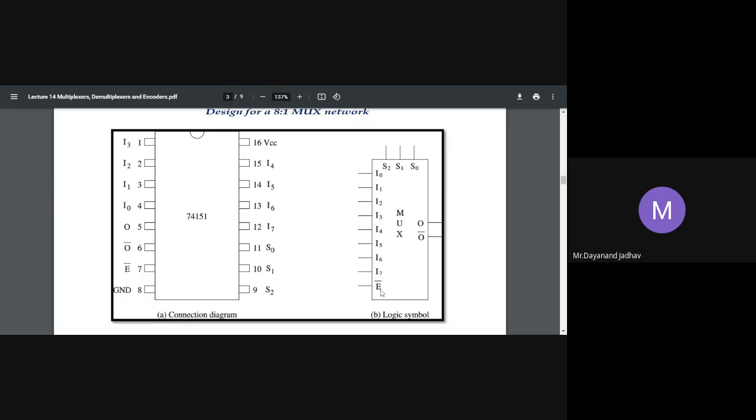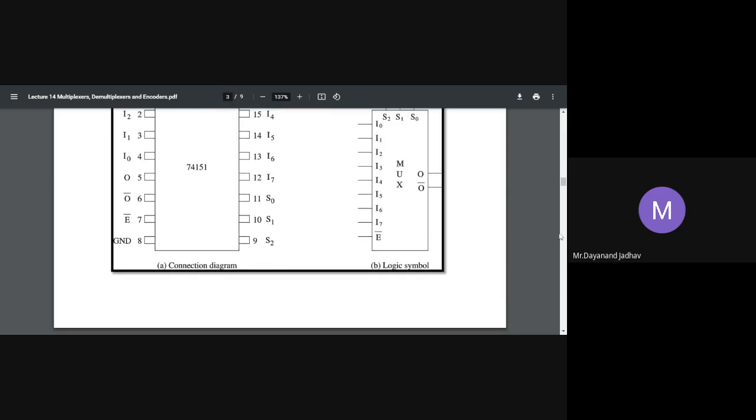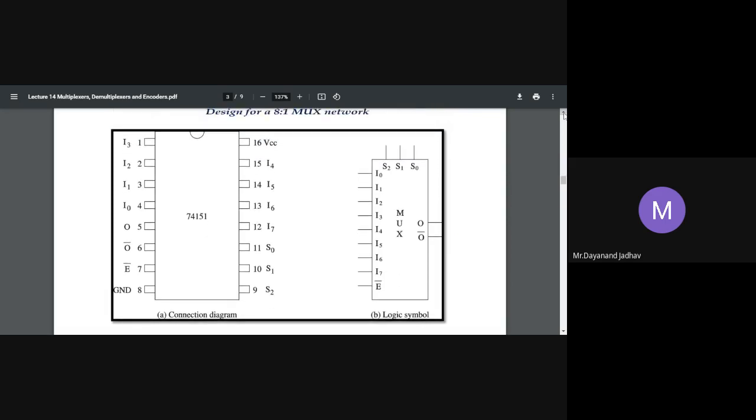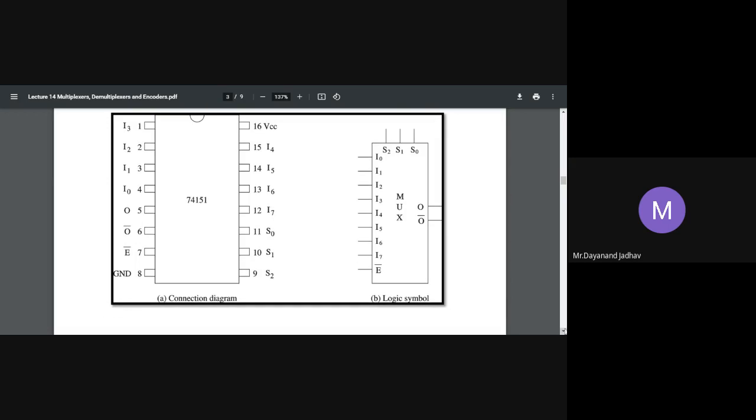Enable, also called strobe, is used to cascade other multiplexers. O is the output: if suppose 0 0 0, I0 is selected in the output, 0 0 1, I1 is selected, 0 1 0, I2 is selected, and 1 1 1, then I7 is selected in the output, depending on the select lines applied. Okay, this is the IC configuration for 74151.